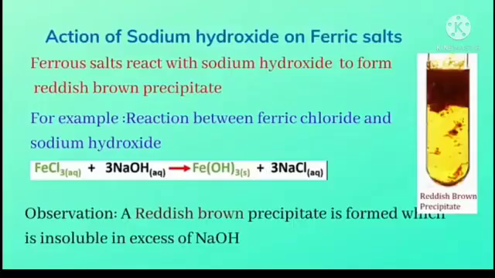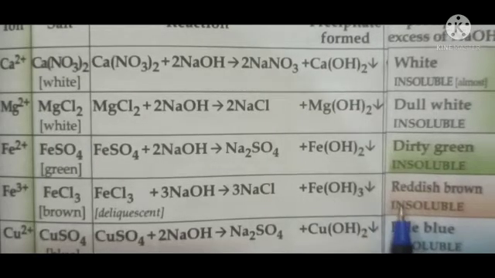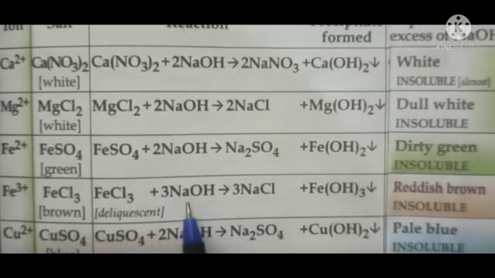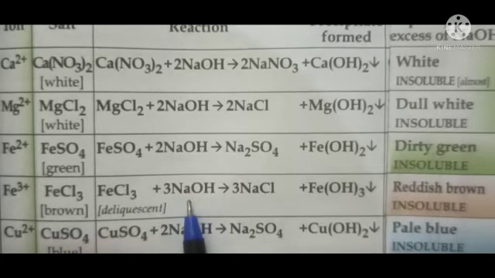And what is the color of this iron 3 hydroxide? That is reddish brown in color. And this reddish brown iron 3 hydroxide is also insoluble in excess of sodium hydroxide.